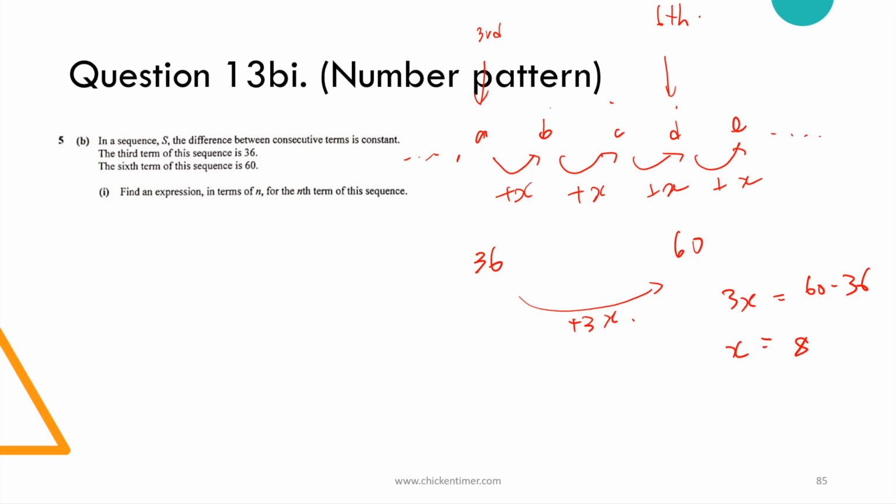Then you want the formula, which means you need the first term. So to get the first term, we count backwards. From 36, the second term will be 36 minus 8, and then the first term will be 36 minus 8 minus 8, which equals 20.